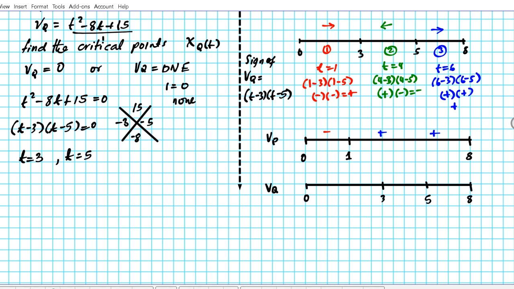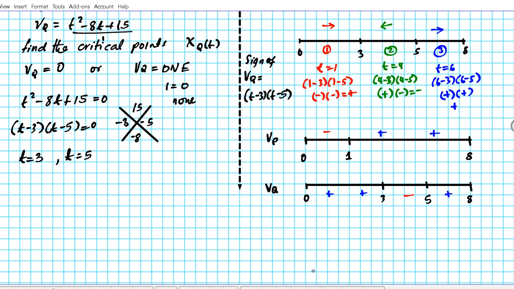Based on what we have up here, from 0 to 3 it was positive, and then from 3 to 5 it was negative, and then from 5 to 8 it was positive.